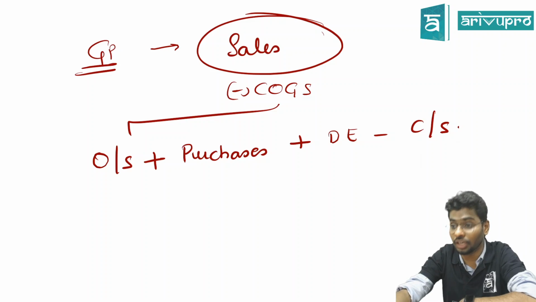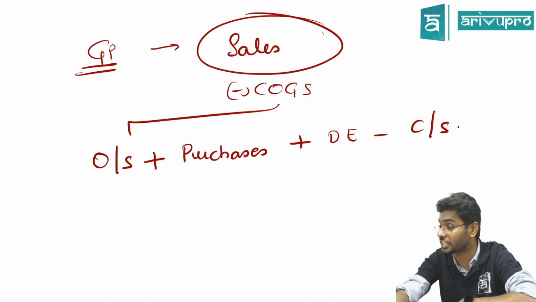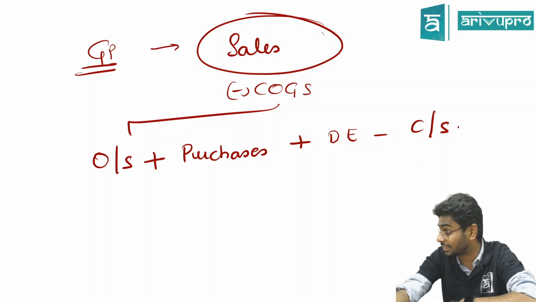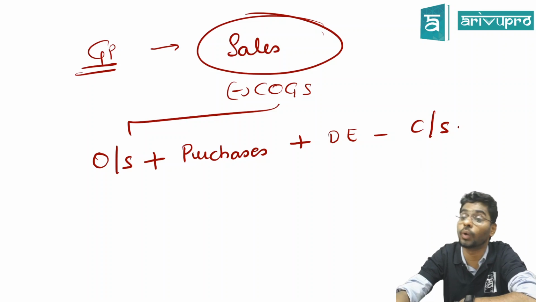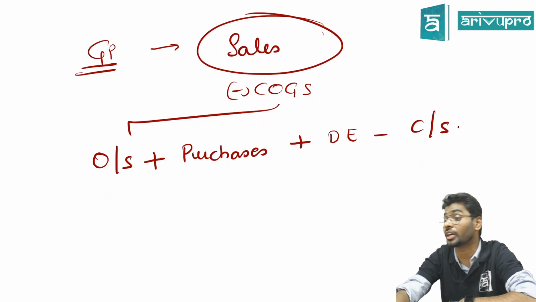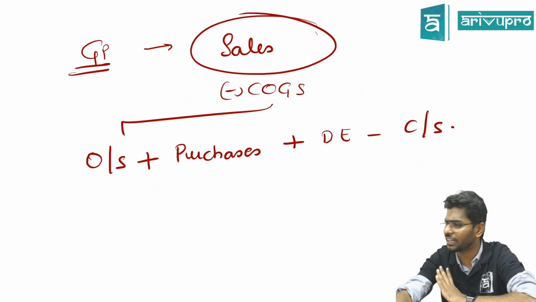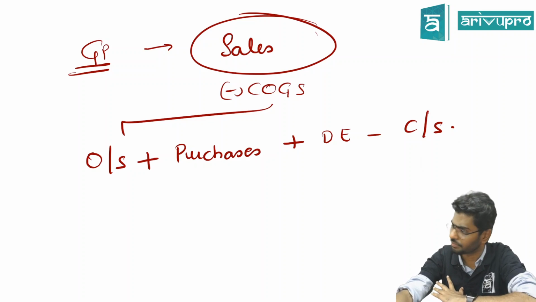Gross profit means that you are only taking the expenses of production against the sale, or expenses of the product directly related to a product towards the sale. We do not consider indirect expenses which are not related to my production. Are you clear? Now, do you know how to find COGS? Opening stock, purchases plus direct expenses.